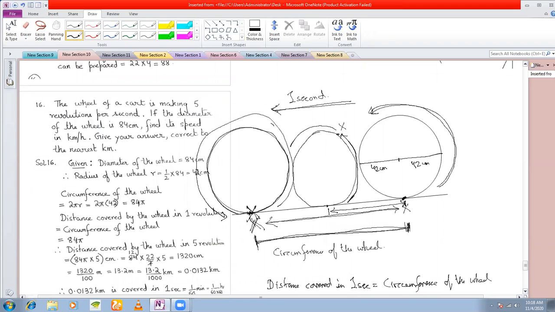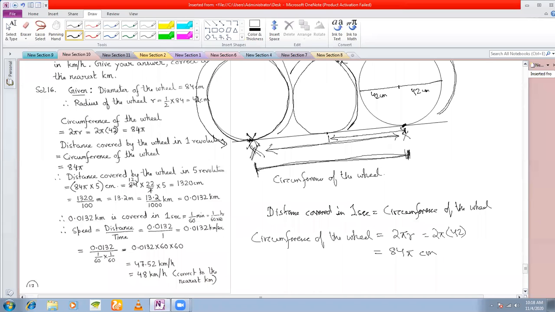Now, it is making 5 revolutions in 1 second. So this is not the distance covered in 1 second, this is the distance covered in one revolution. It is making 5 revolutions in 1 second.